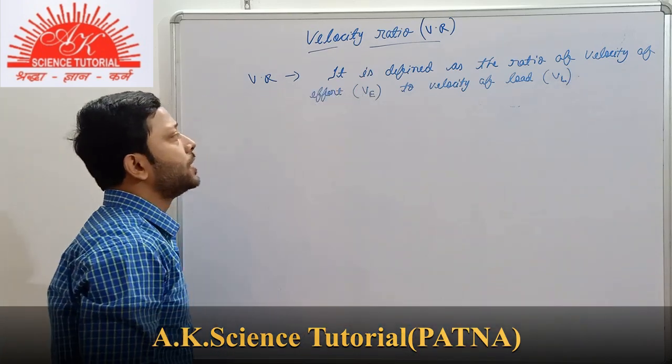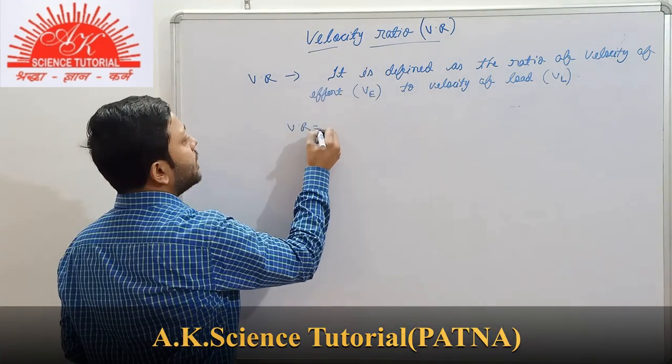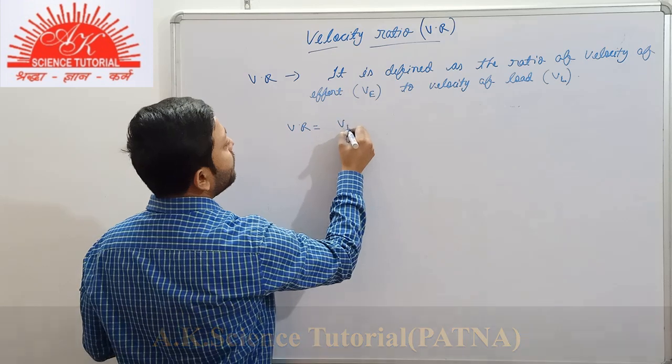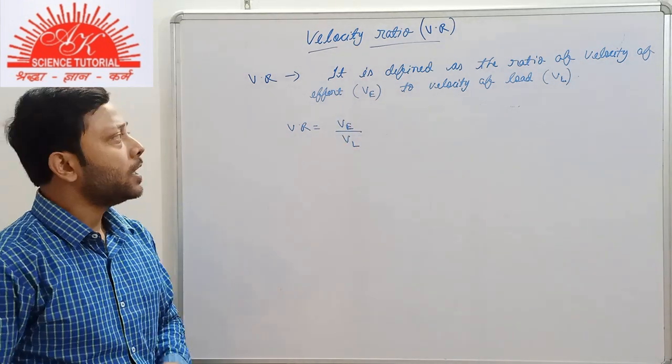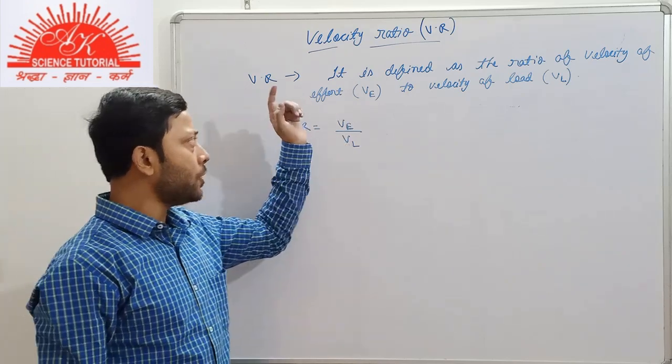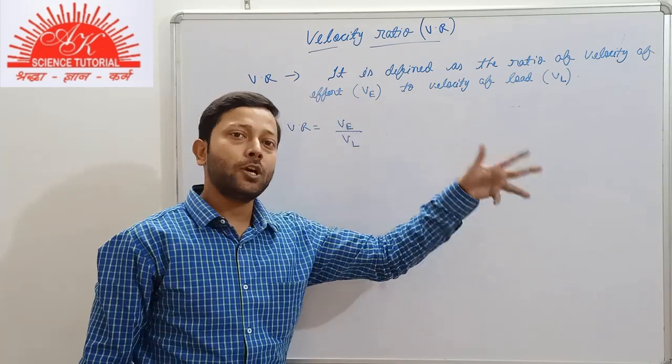So this is the velocity ratio, and the mathematical expression for it will be VE by VL. What is velocity ratio? It is the ratio of velocity of effort to the velocity of load.